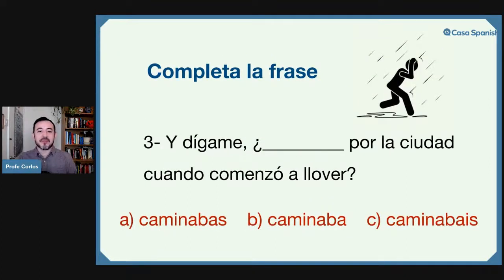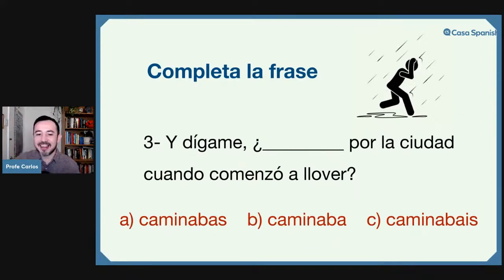3. Completa la frase. Y dígame, por la ciudad cuando comenzó a llover. 3 opciones. ¿Caminabas por la ciudad cuando comenzó a llover? ¿Caminaba por la ciudad cuando comenzó a llover? ¿Caminabais por la ciudad cuando comenzó a llover?